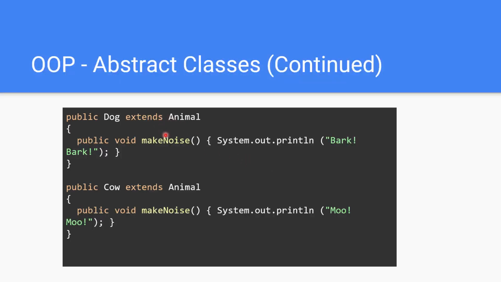We don't instantiate Animal, but we do implement it, so we extend it. You can see here is the makeNoise. Notice we have two different classes that are extending Animal, but their method is different in each one. The Dog class is saying bark, and the Cow class is saying moo.